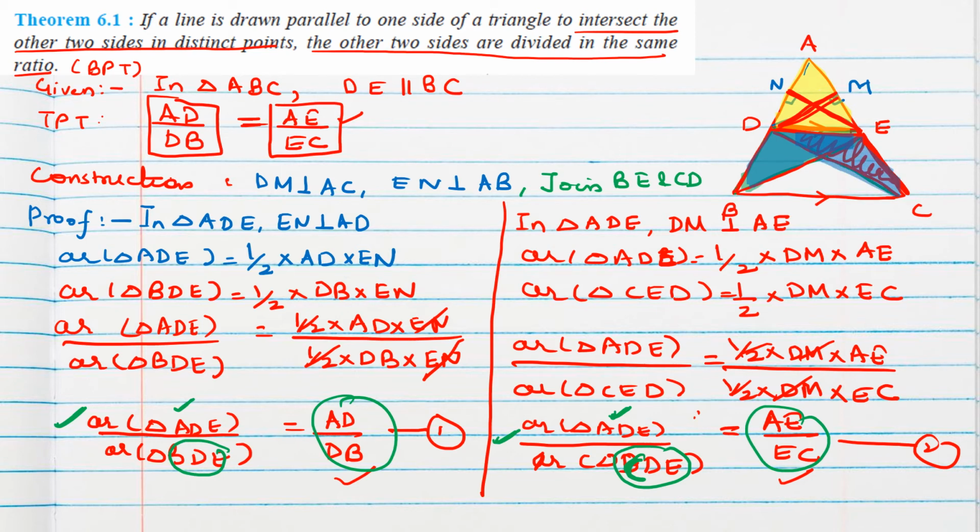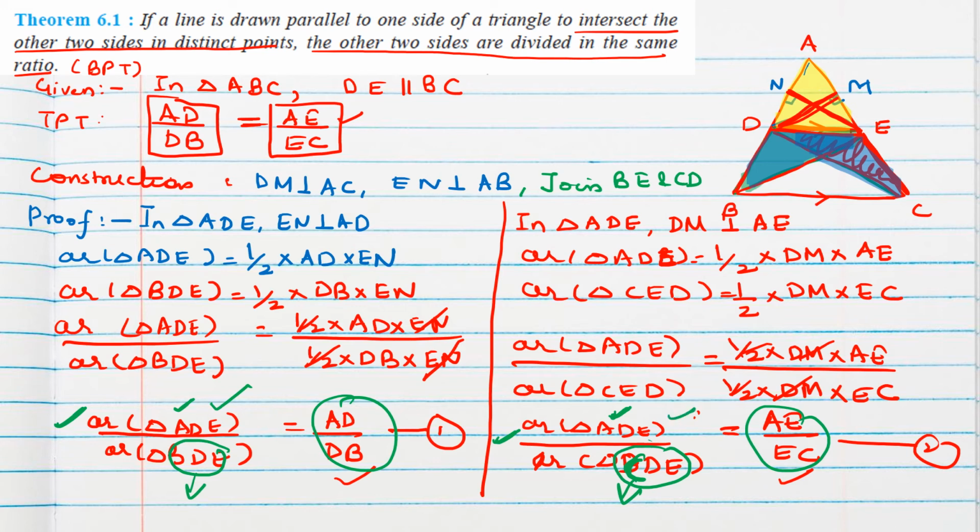These two triangles are between the same parallels, isn't it? So we have one theorem: the areas of two triangles on the same base and between the same parallels are equal. That theorem we can mention here, and by that theorem we can write the area of this denominator will be equal to this denominator. The numerator is already equal, that means both the ratios will be equal.